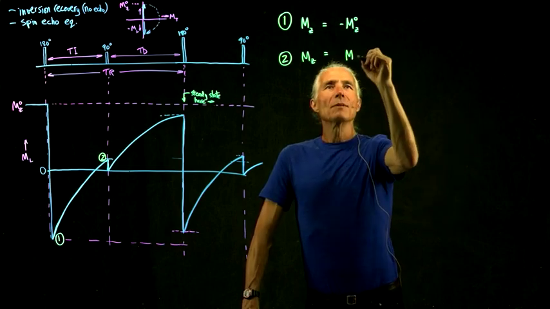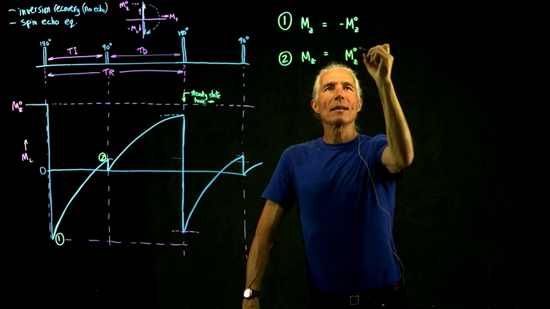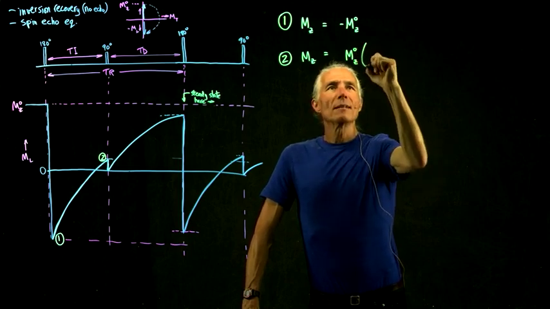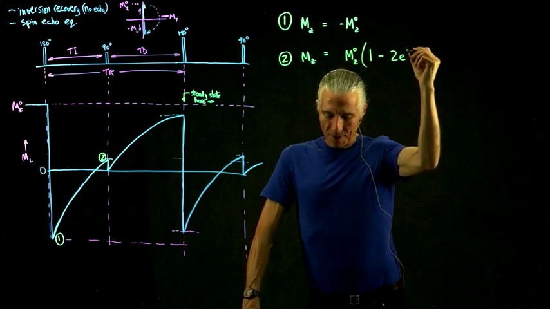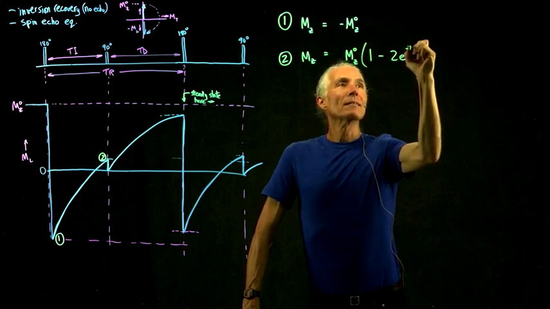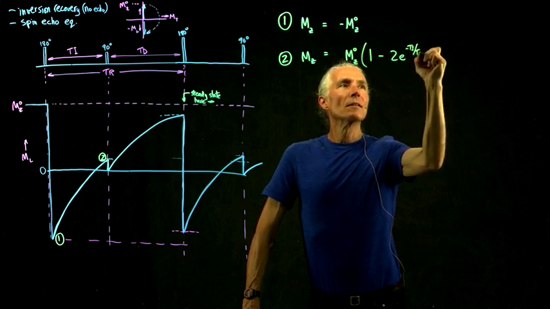And so what is that going to work out to? That's going to work out to the equilibrium magnetization times 1 minus 2 e to the minus TI over T1.